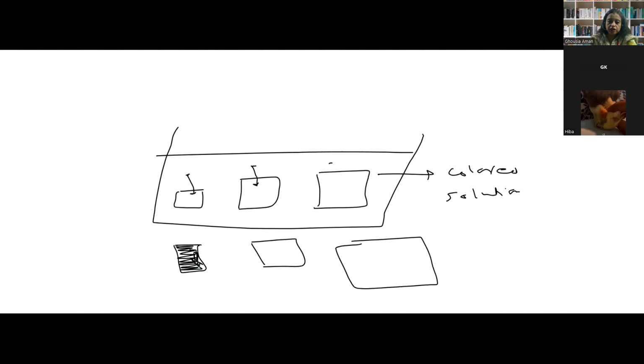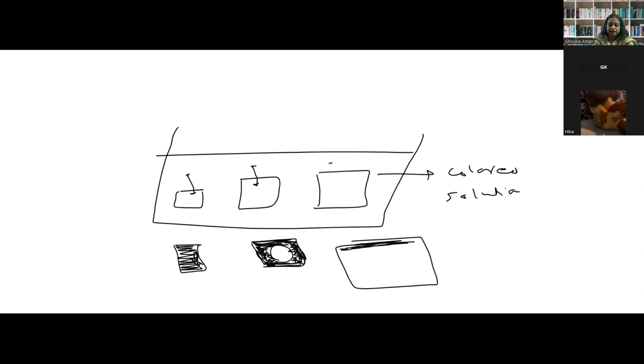The color has not reached the middle yet. If you leave it for some more time, it might reach. So the small portion is white inside. Now the biggest cube: the color has reached only up to the edges in the same period of time.